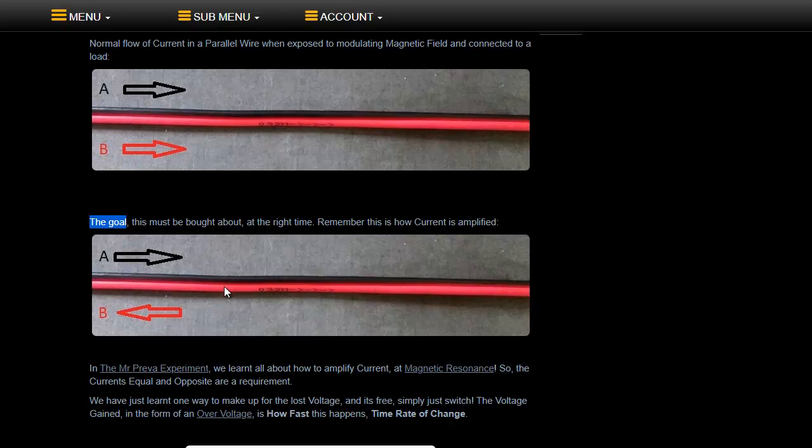Now, we've just recently had a discussion with a couple of people on our backup forum, and the basic analogy to Lenz's law, and this is actually incorrect. Let me just state that first.